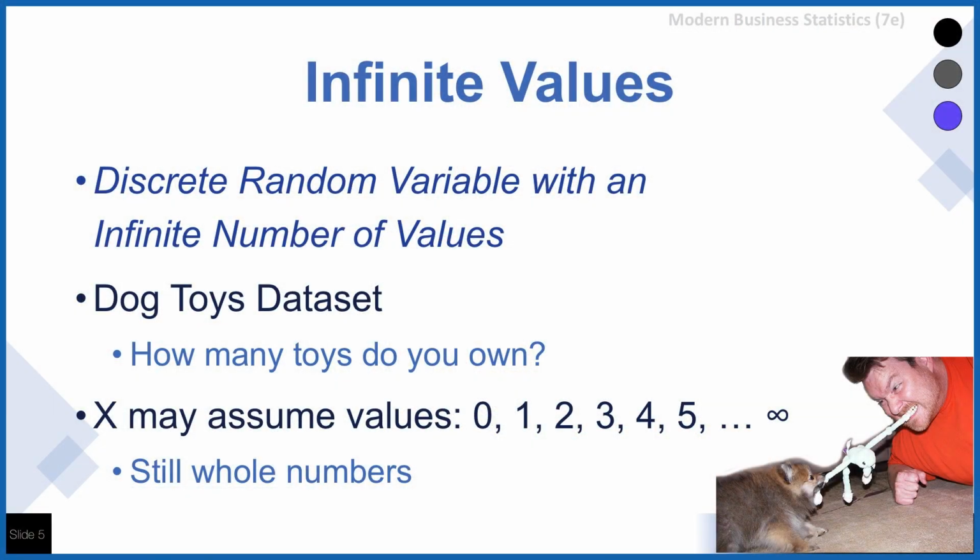Certainly that is defined by the question. It could theoretically go to infinity. So we're going to be using whole numbers in any type of discrete probability distribution. And those values may or may not have an upper boundary, which is what qualifies them as either being finite or being infinite.